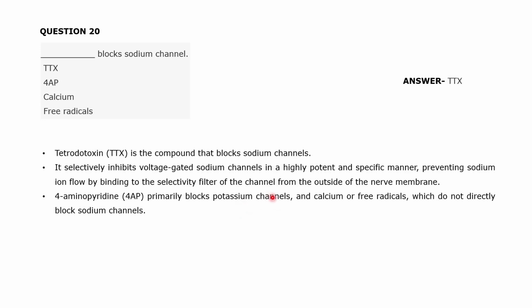Other components like calcium and free radicals are probably not involved. Free radicals provide oxidative stress, and in cell culture free radicals degrade the cell, so we don't want that in this case. So for tetrodotoxin it blocks sodium channels, while 4AP, 4-aminopyridine, blocks potassium channels. So I think that answer is quite clear.